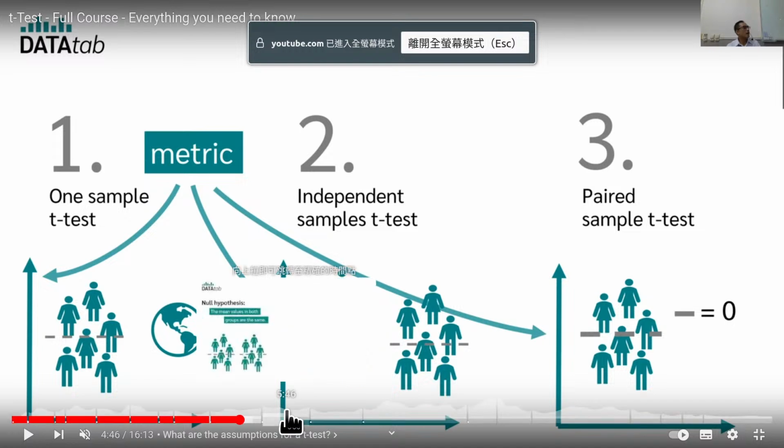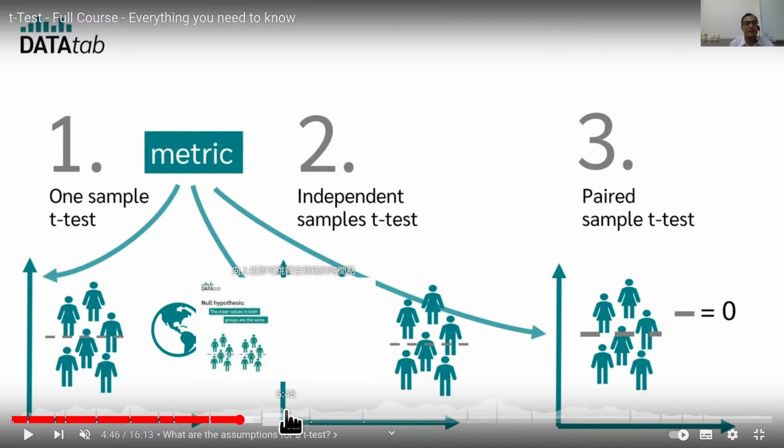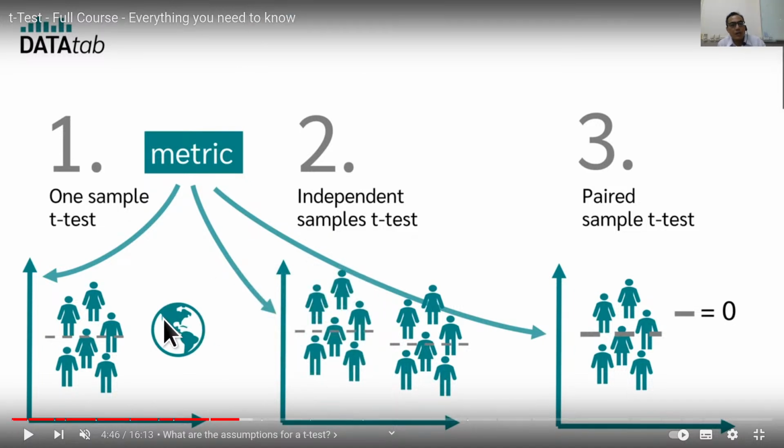Last week I explained with this video, and I said there are three types of t-test. The first is the one-sample t-test. The basic assumption is that you already know the population standard deviation and mean.